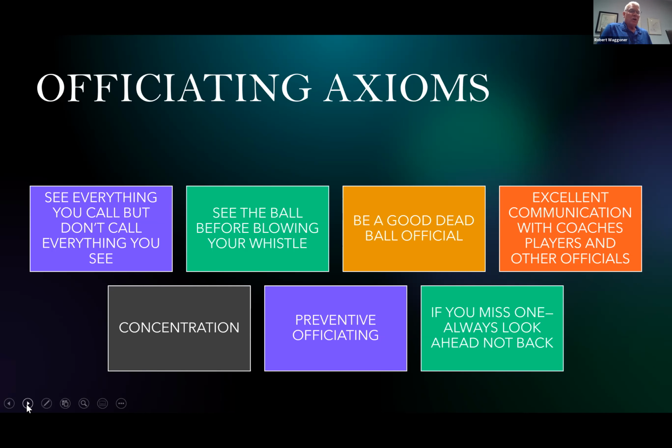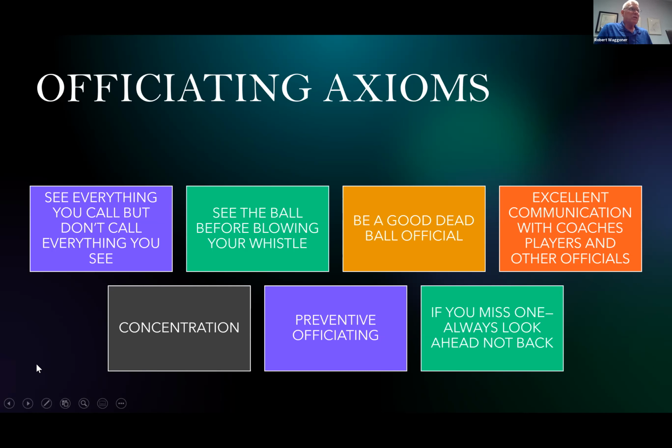And I think one of the hardest ones, leading to quality fouls, if you miss one, don't look back, always look ahead. That play's over. And to me, it's one of the hardest things to do is you keep thinking about a play 5, 10, 15 plays ago. And if you continue to do that, it's going to affect your ability to officiate the next 10 or 15 plays.